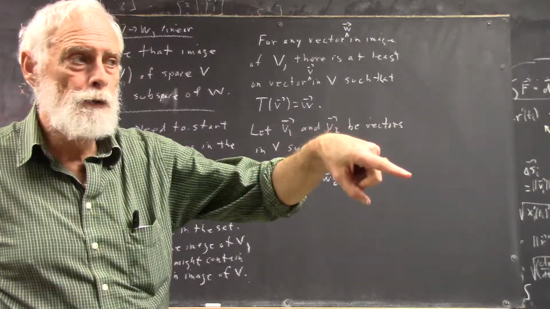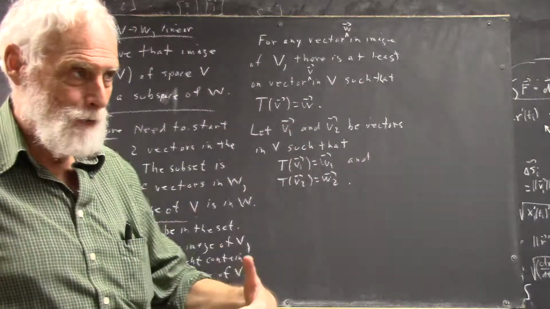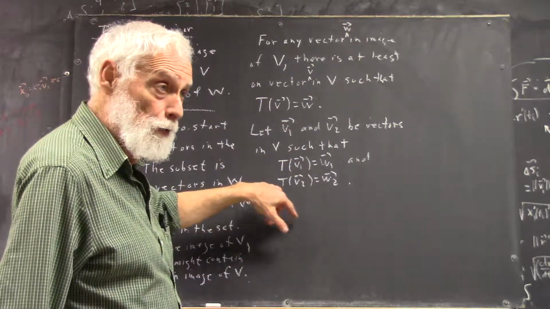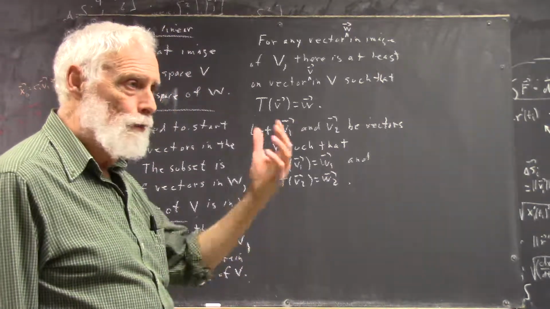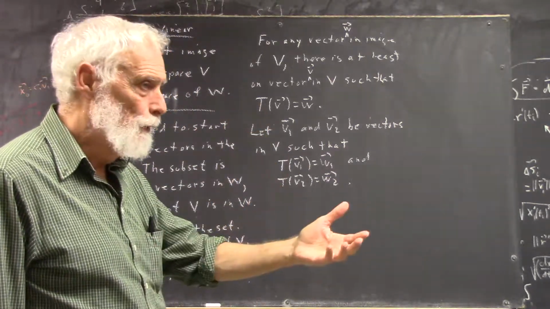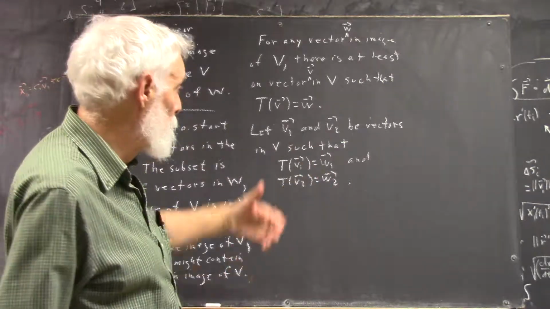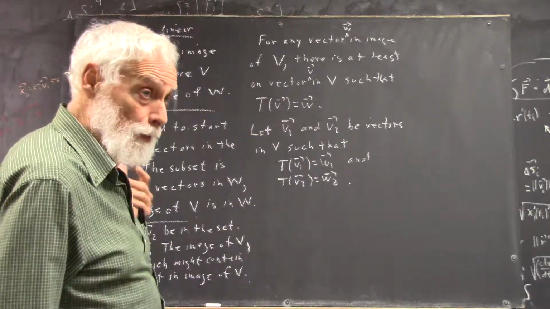Now you wanted to use inverse transformation to get your V1 and V2, right? And that was good, except that there's no guarantee that the transformation is 1-to-1, so you don't necessarily have an inverse transformation from the image back to V, right?